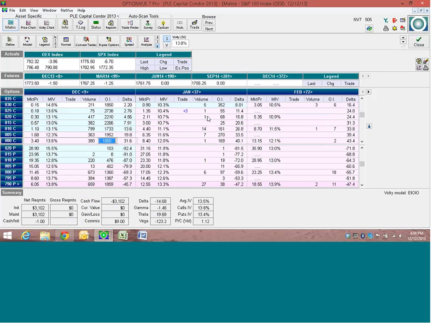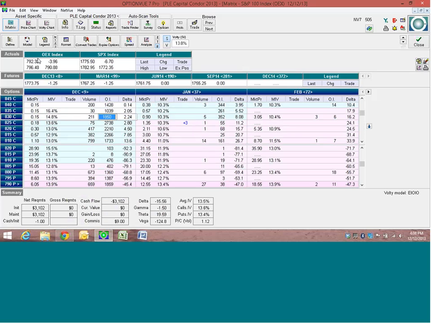With the indexes, this isn't a huge deal. There's pretty good liquidity across most strikes, especially in these front months. There's not a whole bunch of open interest here in the OEX, and the volume has been light.